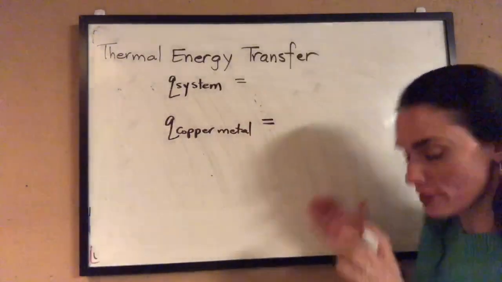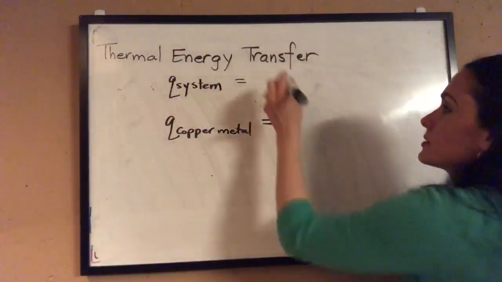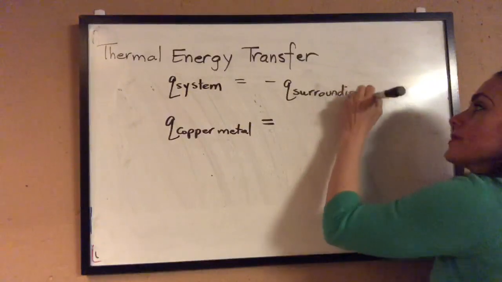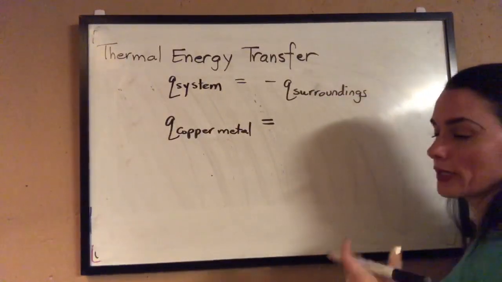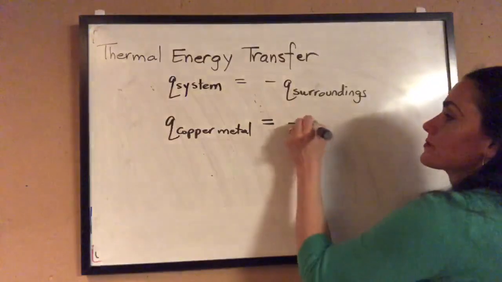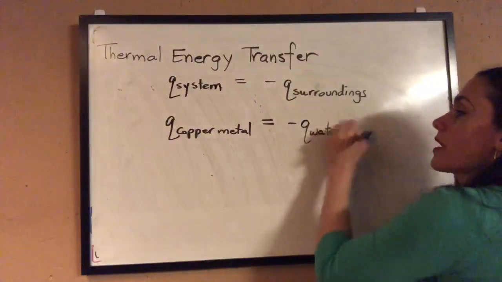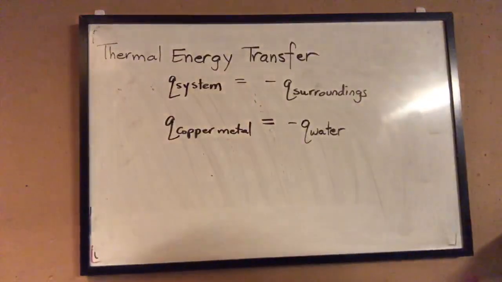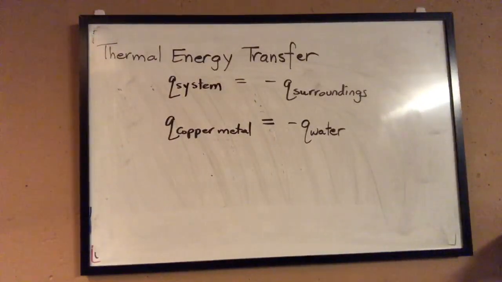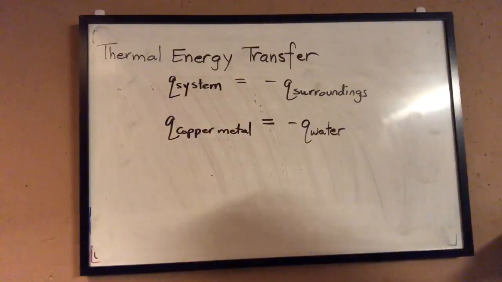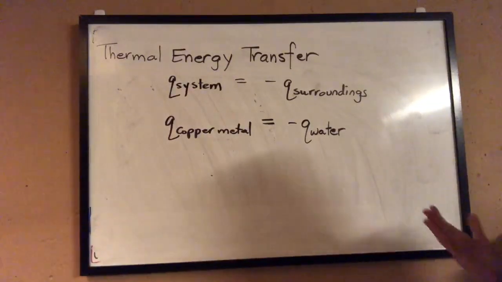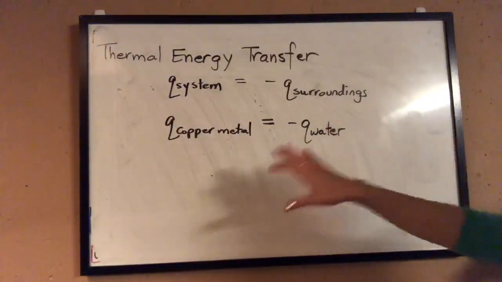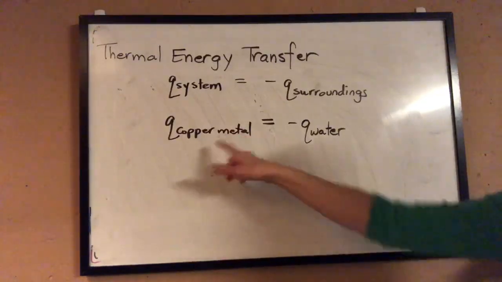Well, that heat is transferred to the surroundings, and it's the opposite value. So if we were to take that copper metal and put it into a beaker of water, then we would have the reverse amount of heat that would be in the water. The metal becomes colder and the water becomes warmer until they both are at the same temperature, thermal equilibrium. That would be equivalent to this interaction here.